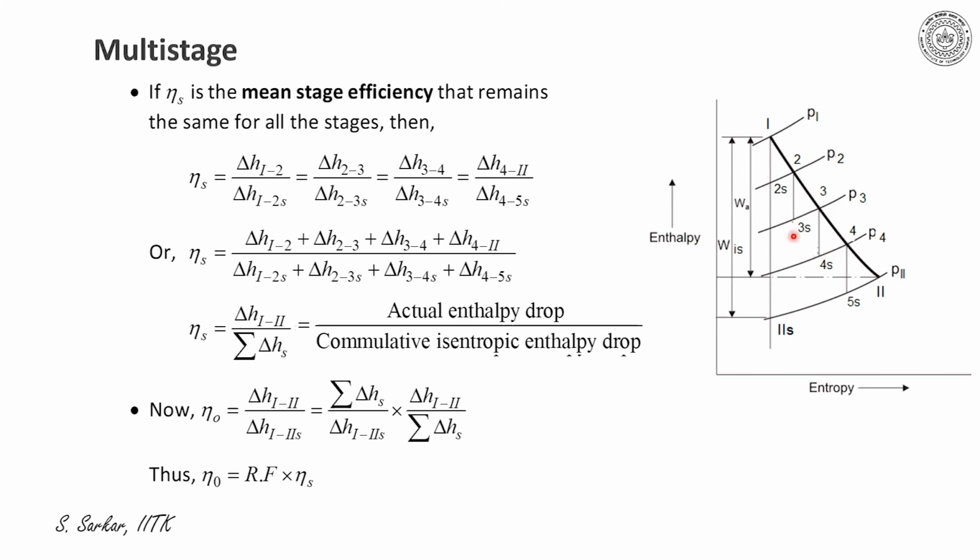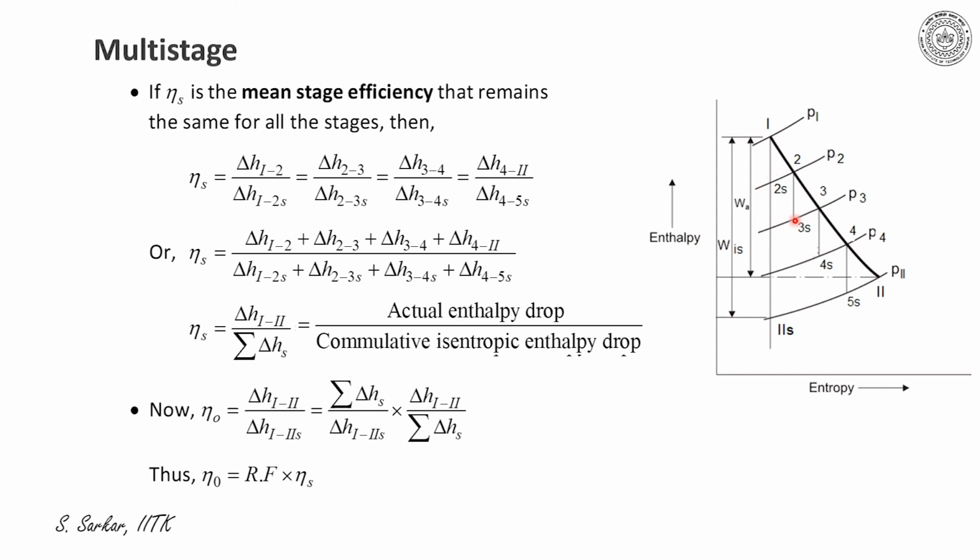Now come to the figure. Here, if I consider the second stage, the actual enthalpy drop will be given by del H23, whereas isentropic enthalpy drop will be given by del H23S. So please note 2S, 3S, 4S and 5S.